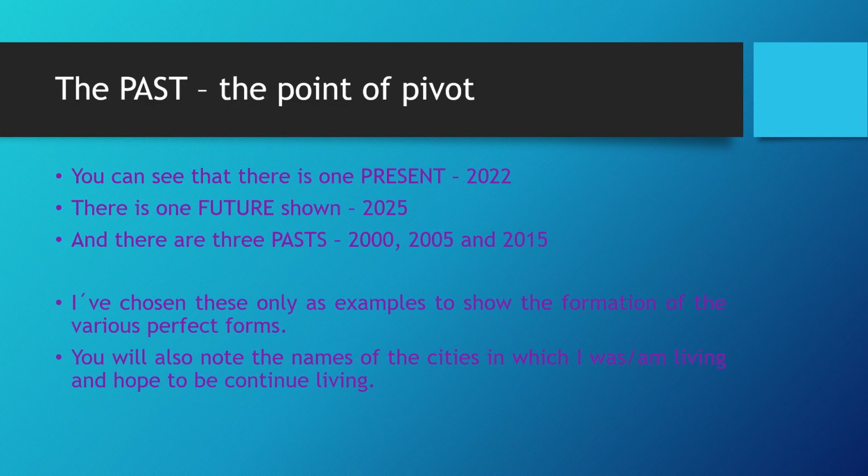You can see there's one present, 2022. There's one future shown, 2025, and I've selected three past, 2000, 2005, 2015, only as examples so that I can create examples for you.